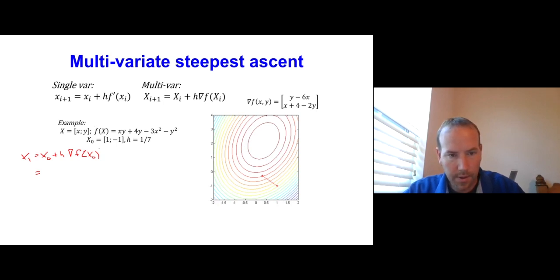Our x0 location is at 1, negative 1, as you can see right here. And we're going to take a step size of 1/7.